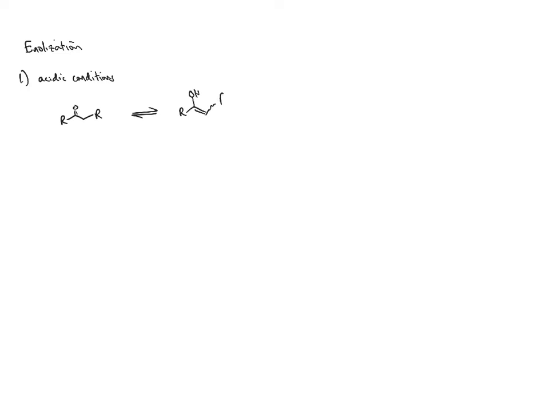And I'm just going to draw a squiggly line because, of course, we have stereoisomers. And I'm doing this under acidic conditions, so I'm just going to label this as BH+, recognizing that here you've got a labile proton. And so what you can do is you can take the non-bonding pair of electrons on the oxygen and protonate it from that BH+. And so you're going to get a protonated carbonyl as such.